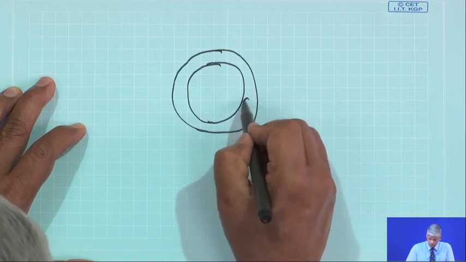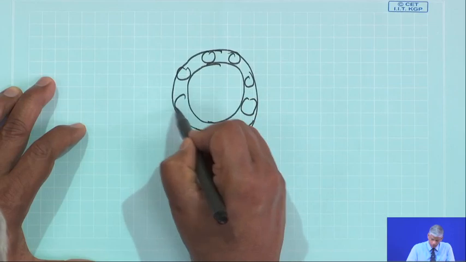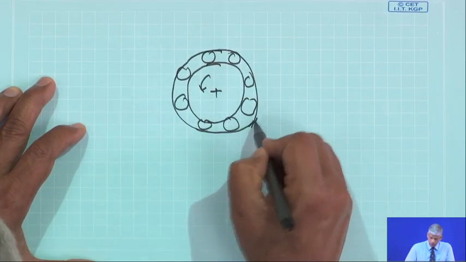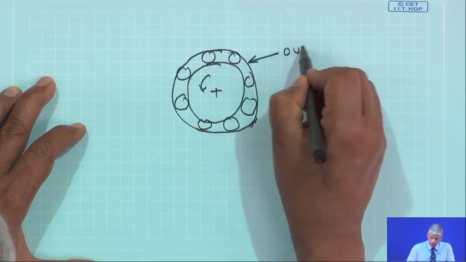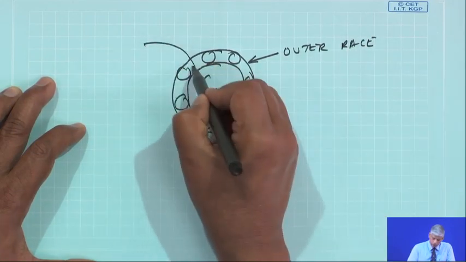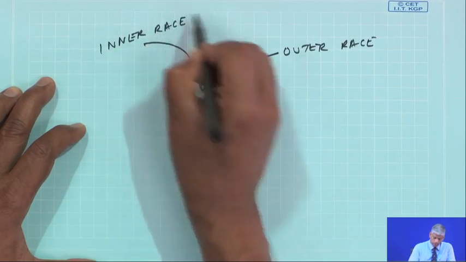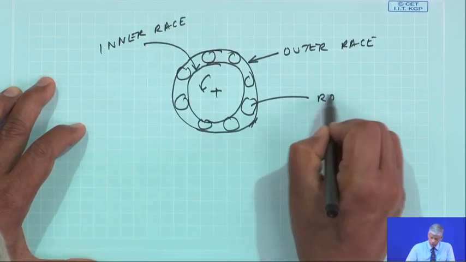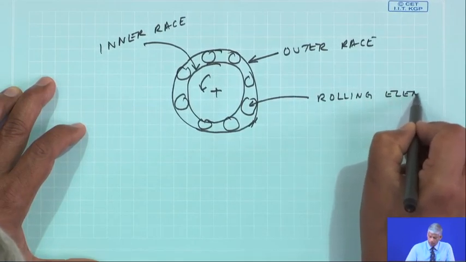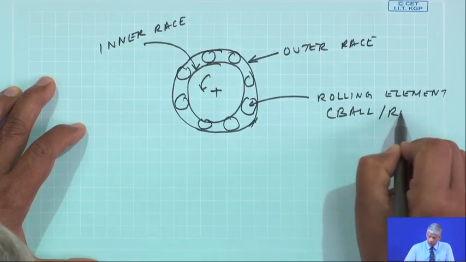Okay, I have, see, this is my outer race, this is my inner race, and this is my rolling element, which could be a ball or a roller.